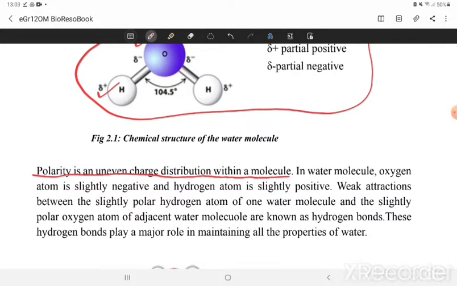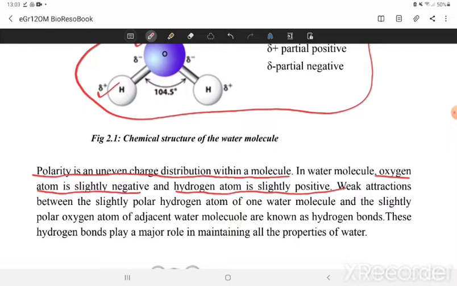Now in a water molecule, the oxygen atom is slightly negative and the hydrogen atom is slightly positive. The weak attractions between the slightly polar hydrogen atom of one water molecule and the slightly polar oxygen atom of the adjacent water molecule are known as hydrogen bonds.